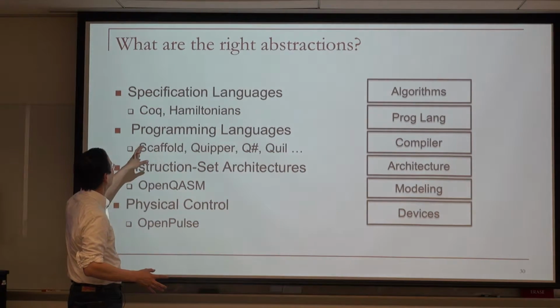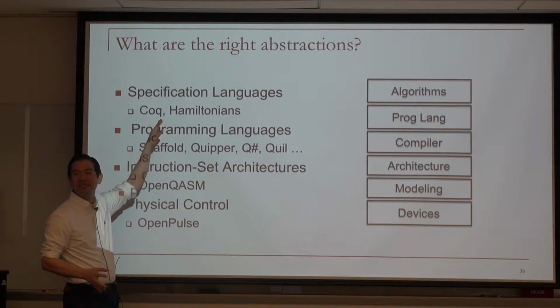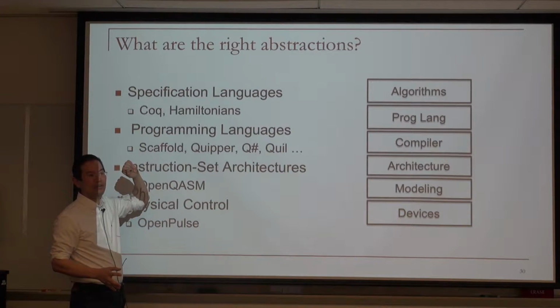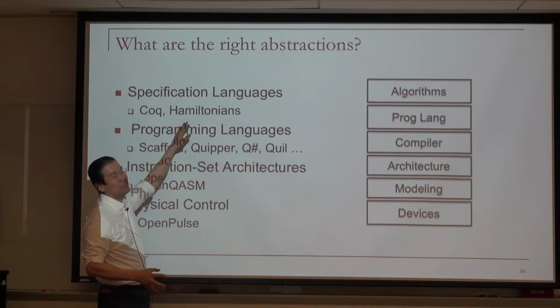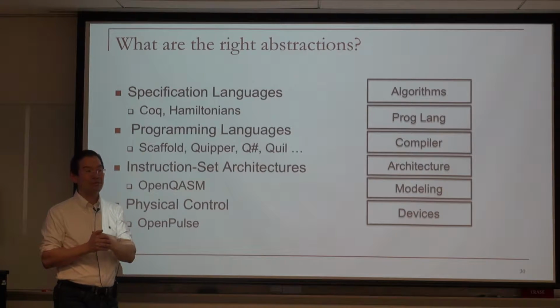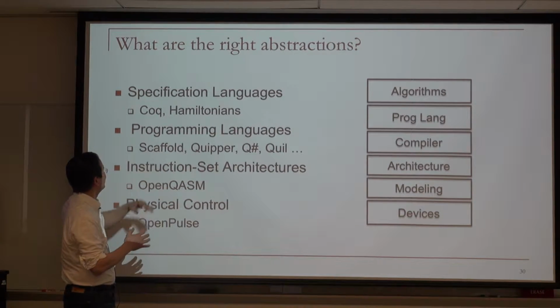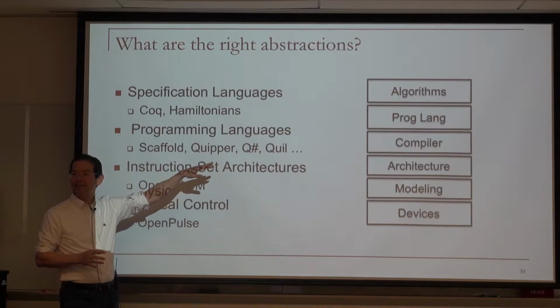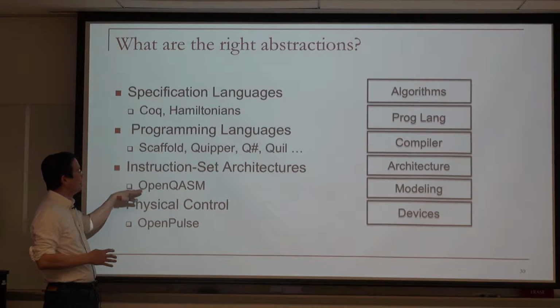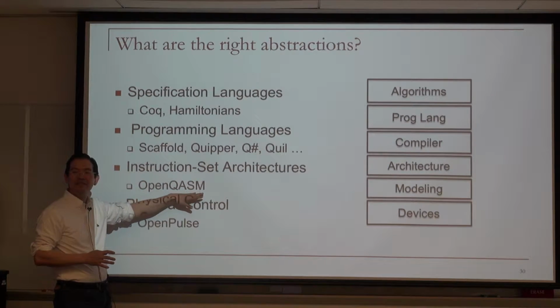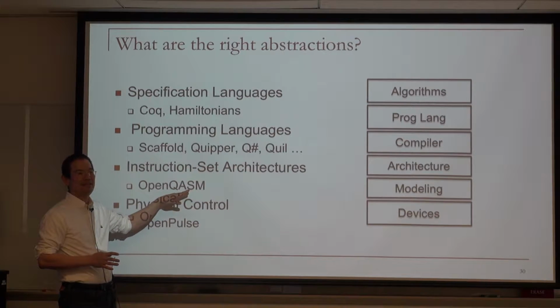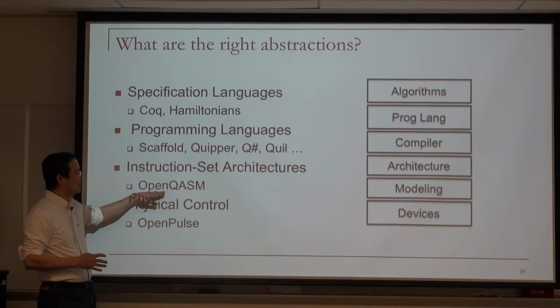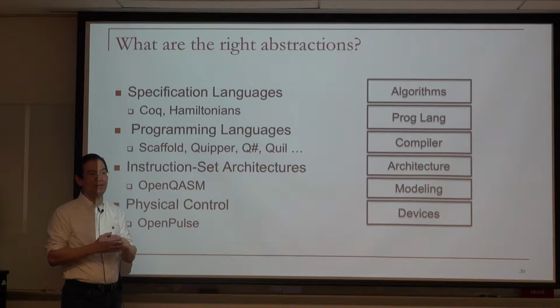People use proof languages to specify programs to see if they're correct. We might even use a fairly physical model of what programs should do and try to verify that. We have a whole bunch of programming languages out there already, right? Most people use some sort of quantum gate set, which is some form of quantum assembly, which now is somewhat standardized, I suppose, because IBM has OpenQASM.